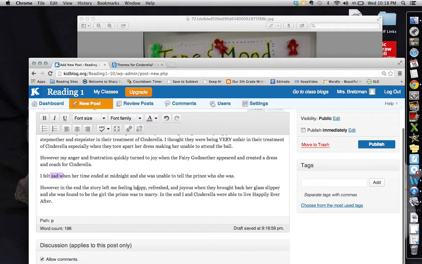But I felt happy and refreshed and joyous at the end of the story when they brought her back her glass slipper and she was able to live with the prince and marry the prince. And I said that Cinderella and I were both able to live happily ever after because of the ending of the story. So as you see, my mood changed from happy to sad, frustrated, angry, to happily ever after, and that can change.